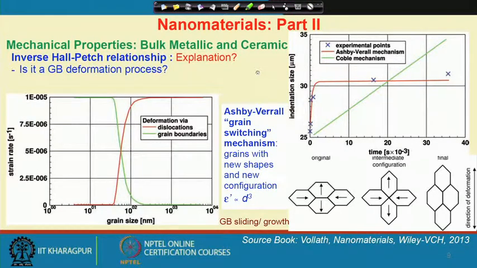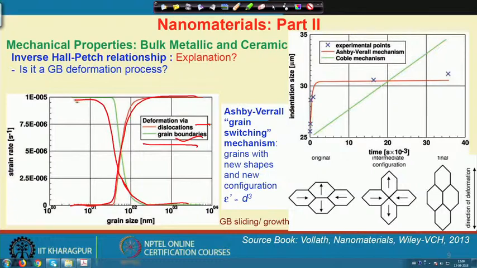So, the inverse Hall-Petch relationship we can explain in a minute: there are two different processes. One is the dislocation based process, another one is the grain boundary based process. When the grain size reduces, the dislocation based process decreases, whereas below, let us say, 100 nanometer size, the grain boundary process actually increases.